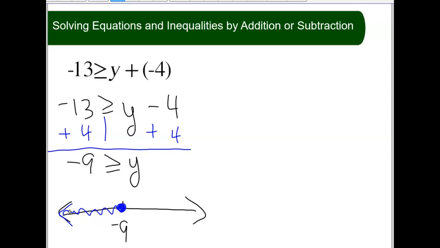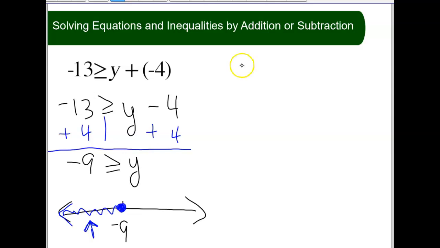And then, really important, I want to check this work. So I'm going to choose something that's over here in my blue line area. I'm just going to choose negative 11, but you could choose negative 10, you could choose negative 12.2. I mean, you really can choose any number that's to the left of negative 9.